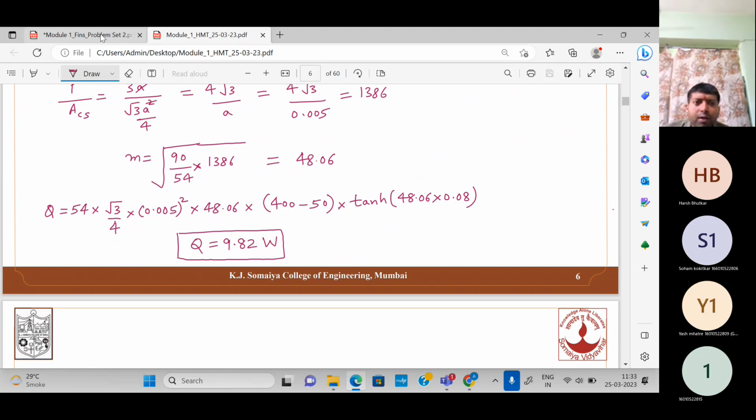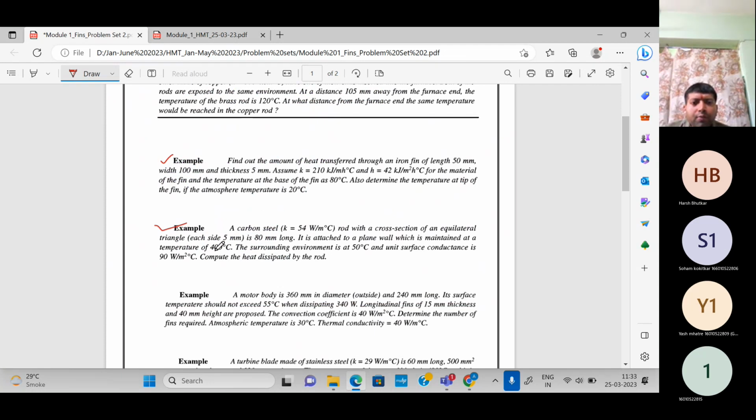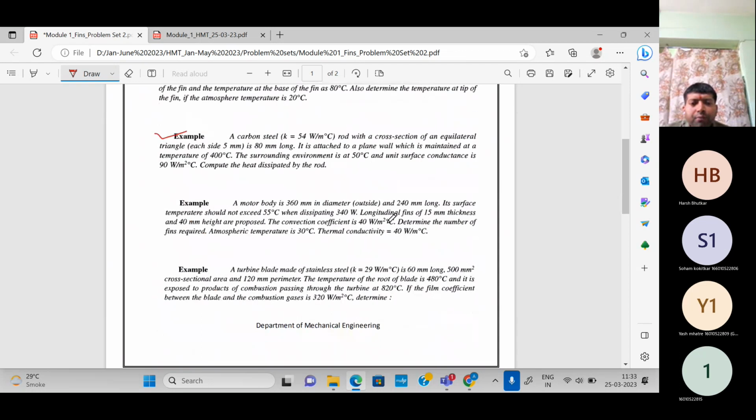So we have solved this fourth problem also. Now let's go ahead and solve the fifth one.